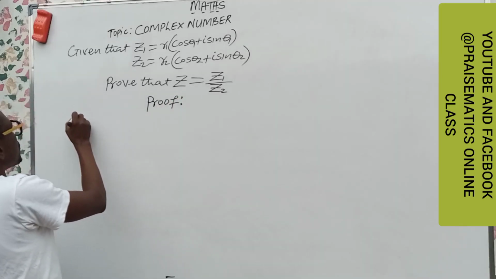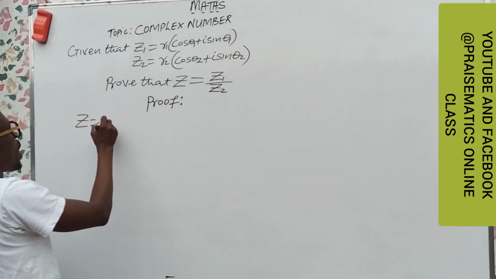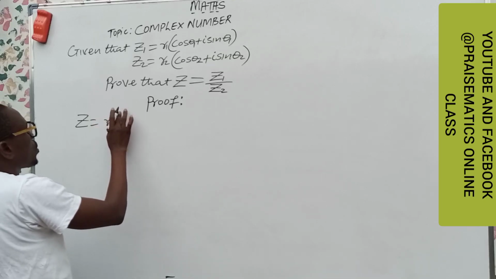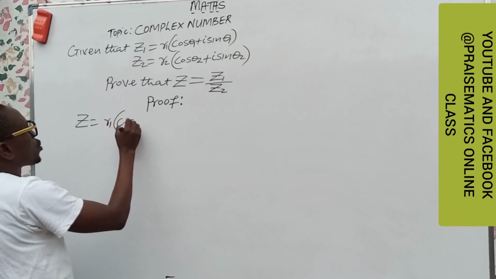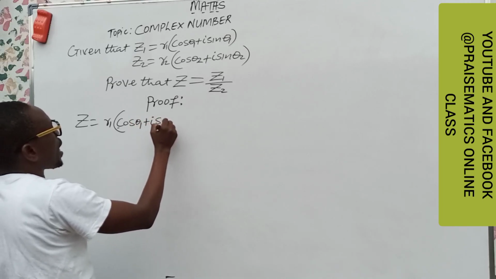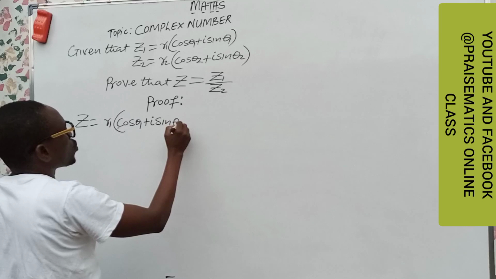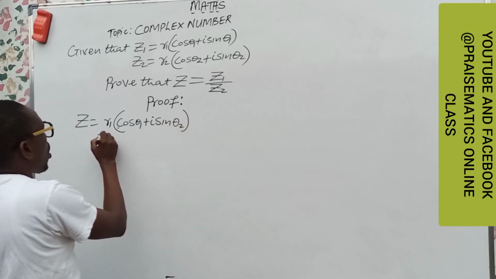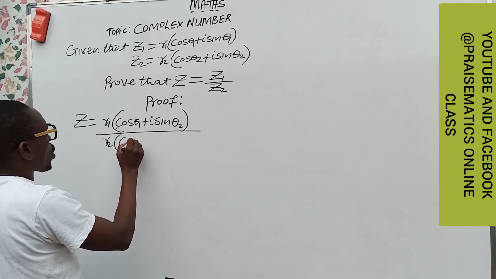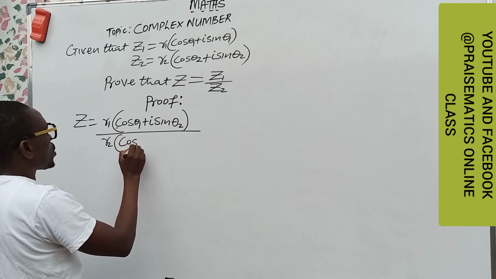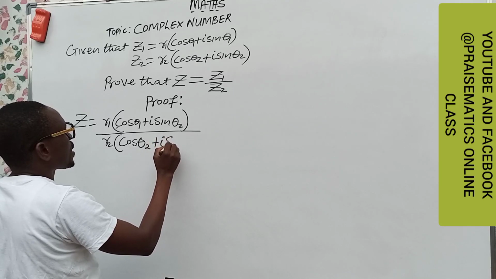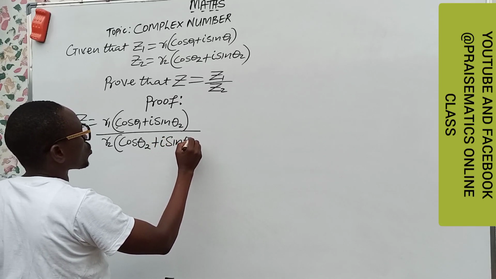Z is equal to R1 into cos theta 1 plus I sin theta 1, close it, all over R2 into cos theta 2 plus I sin theta 2, close it.